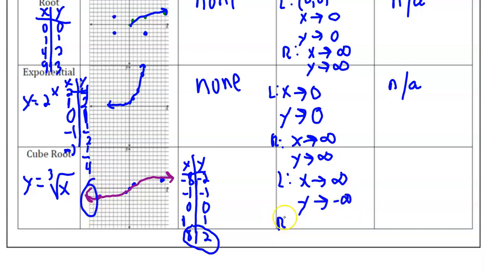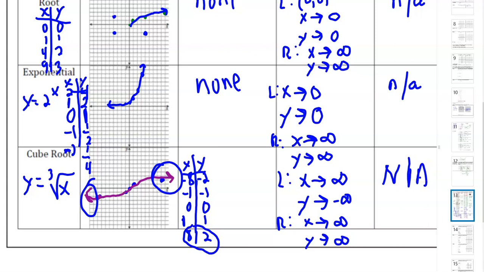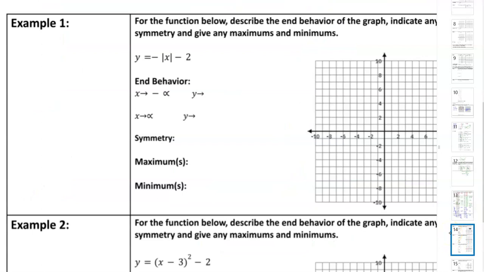And on the right side, x is approaching positive infinity. Y is also going up on this side. And then it asks for max or min, it doesn't have one. For it to have a max or a min, it's got to be going down and then up, or up and then down. I think that's it for this part.